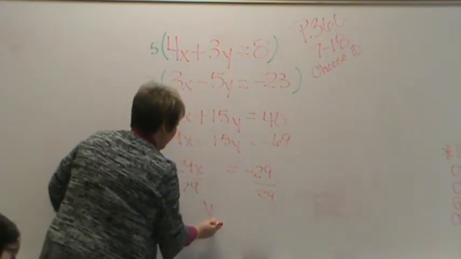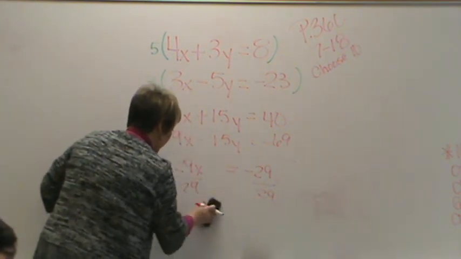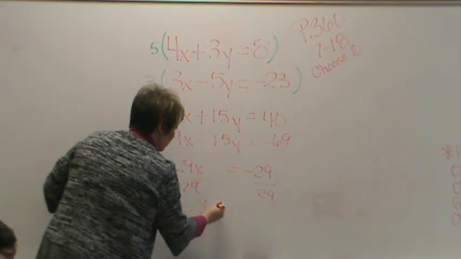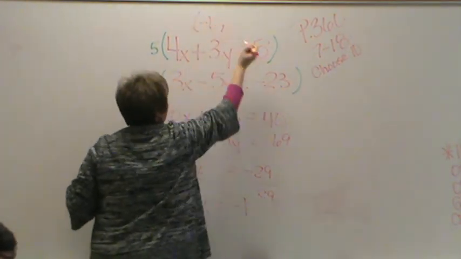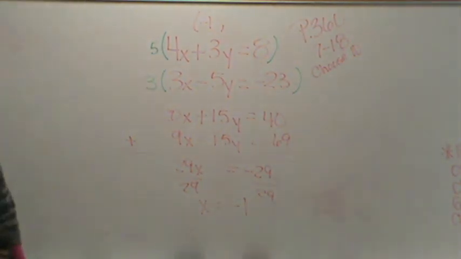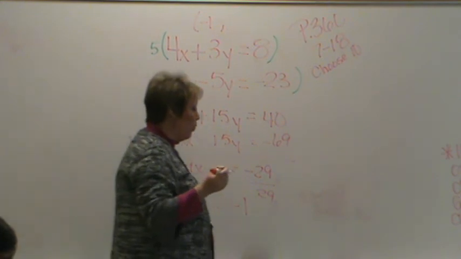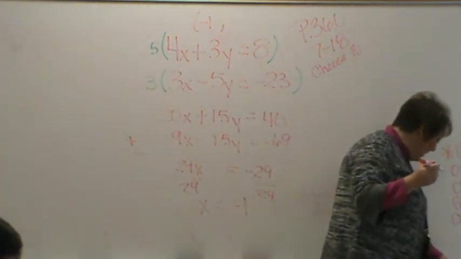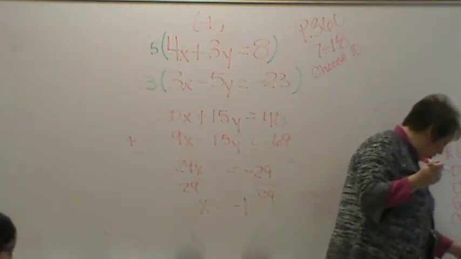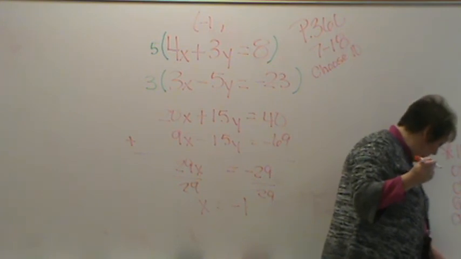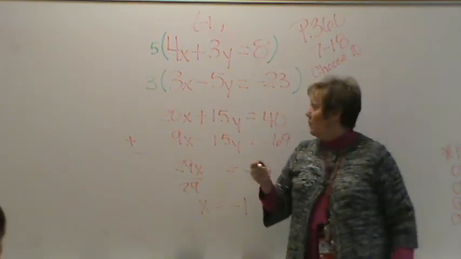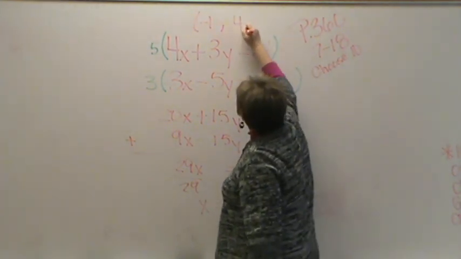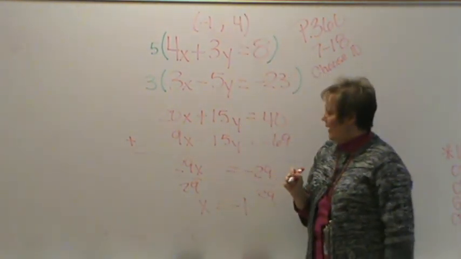And x equals negative 1, very good. I'm going to go ahead and tell you what you should be getting for y. For time's sake, you should get, what? I got 4. You got 4, you got the right thing. Good job.